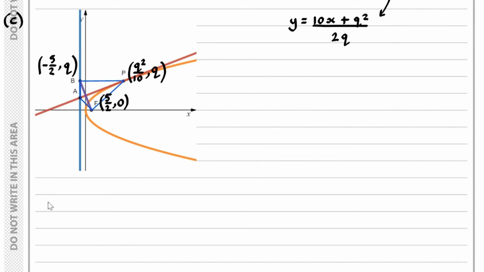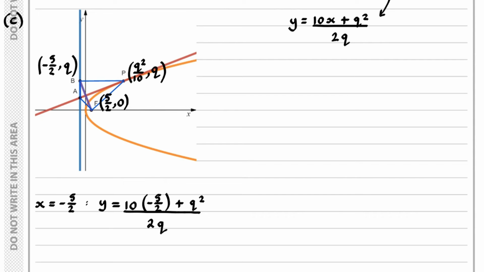Now, when x equals -5/2, we can find out the corresponding y-coordinate. y would equal 10 multiplied by -5/2 plus q squared over 2q.